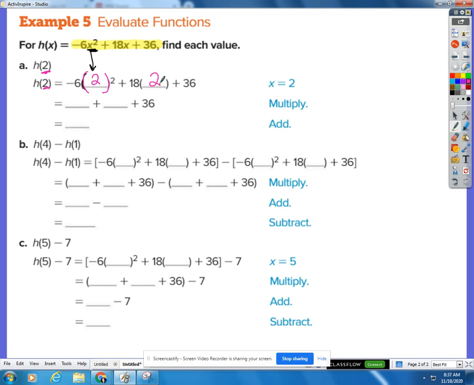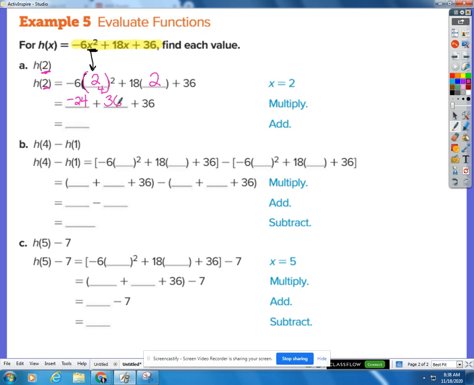Order of operations, you do not multiply first. You do your power first. So 2 squared would be 4. And then negative 6 times 4 would be negative 24. 18 times 2 would be 36.